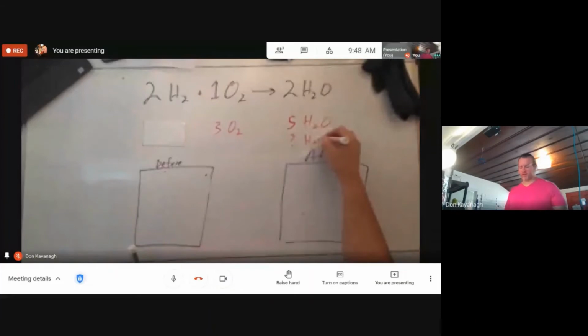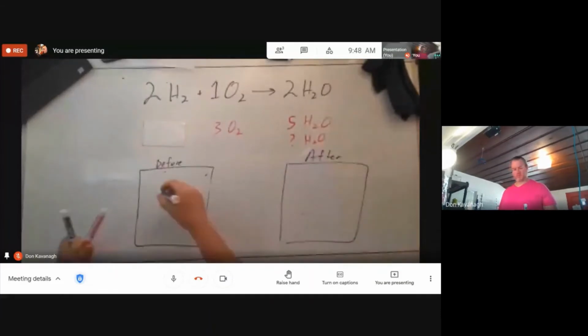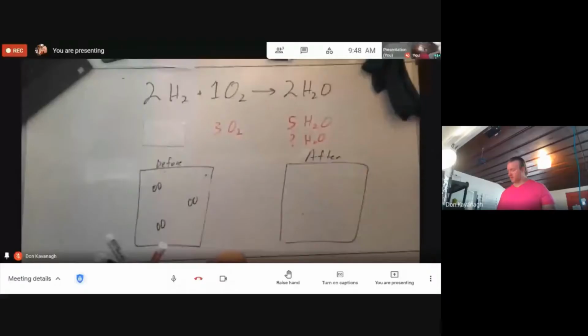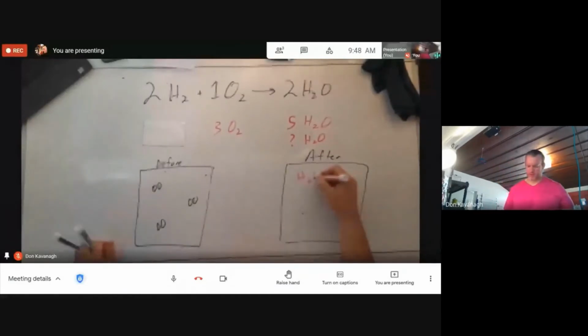Again, I have these drawn as gases filling the container. So if an H2O is produced, let me draw it out like this, H2O right here, 1 oxygen is consumed or used up. There's the other one.